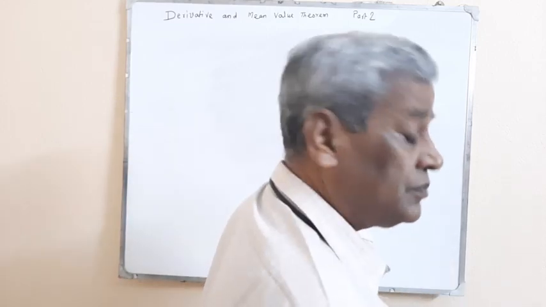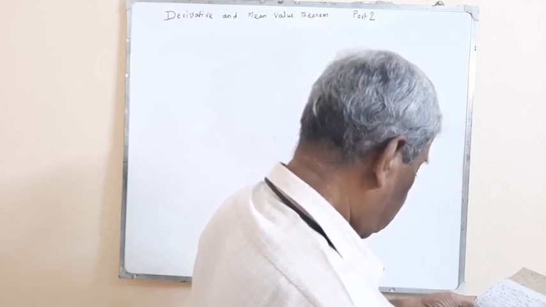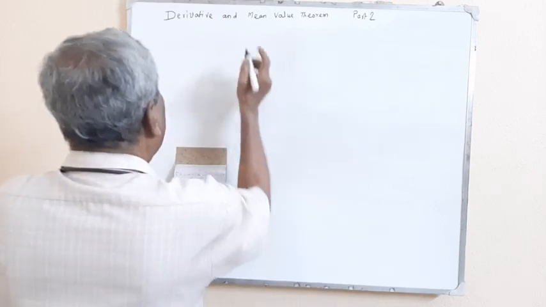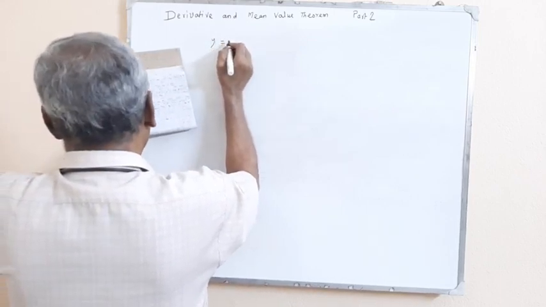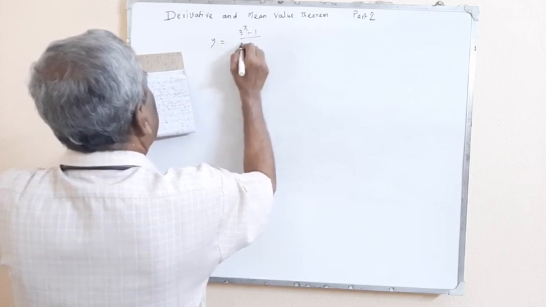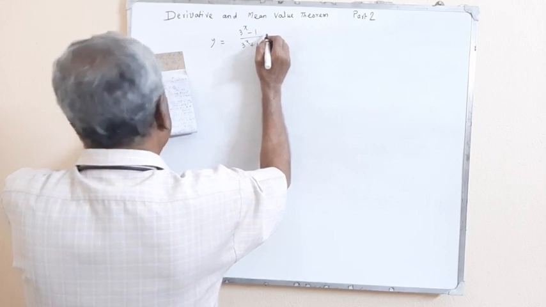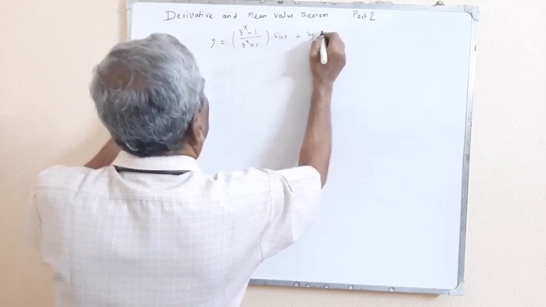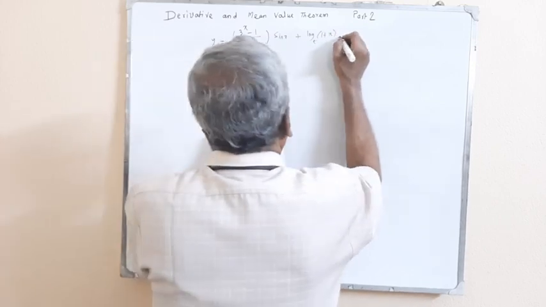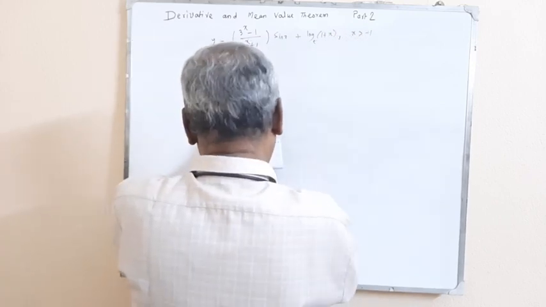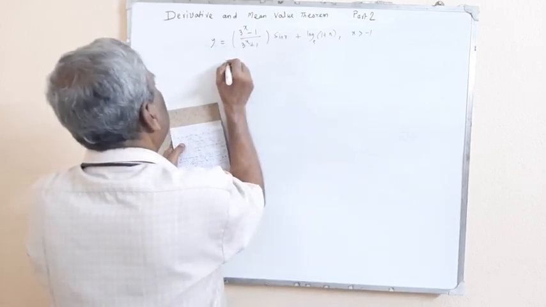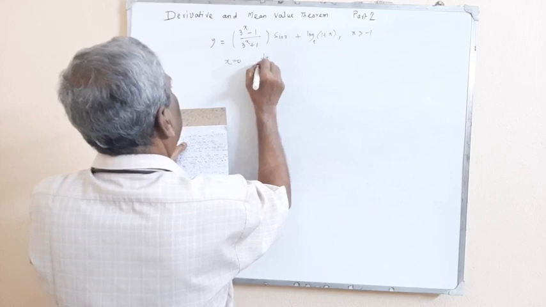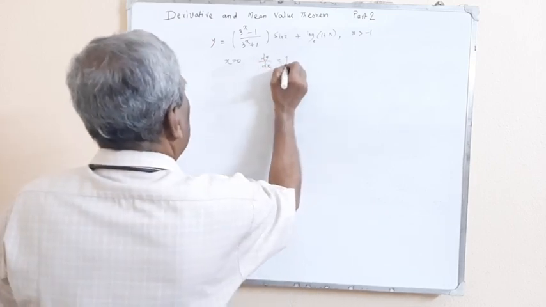Next, if y is equal to (3 to the power x minus 1) by (3 to the power x plus 1) into sin x plus log of (1 plus x) base e, given that x is greater than minus 1, then at x equal to 0, the value of dy dx is equal to how much?